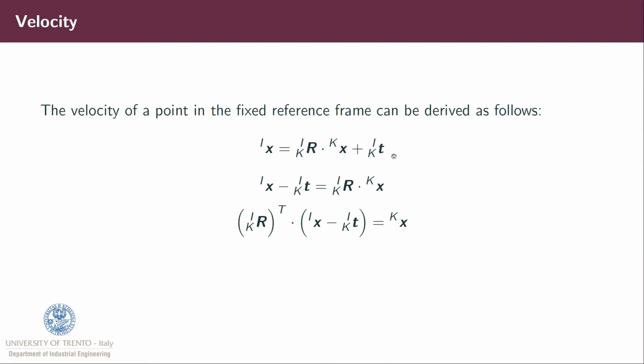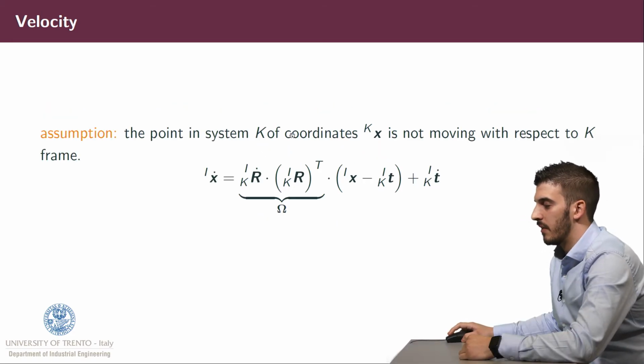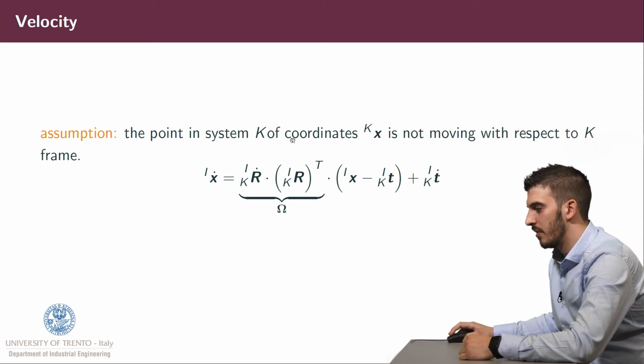We can bring the translation vector to the left-hand side, and we can invert the rotation matrix because its transpose is equal to its inverse, as we saw before. We obtain an expression for x in the reference frame k. Now we can plug this expression again into the first formulation.